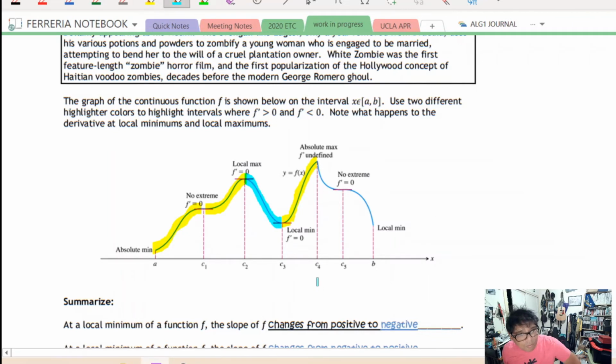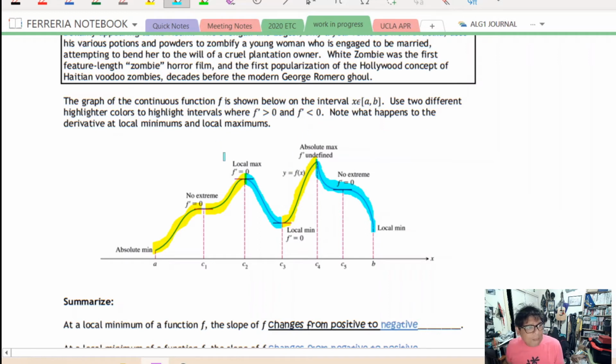And then from c4 to c5, y-coordinates are getting smaller, so we have an interval of decrease, which, just to remind you, the derivative is negative. And then finally, from c5 to b, we've got an interval where the derivative is less than 0 because the y-coordinates are getting smaller.